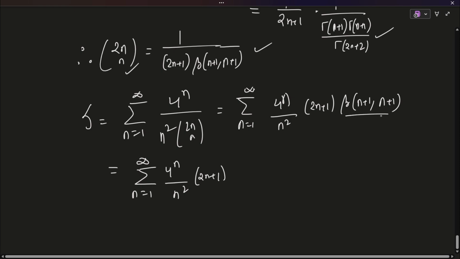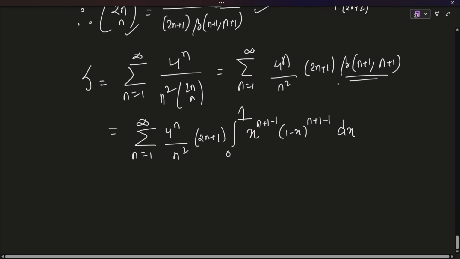And now beta of n plus 1 comma n plus 1, according to the integral representation of the beta function, we can write as the integral from 0 to 1 of x to the power n plus 1 minus 1, which is a here, into 1 minus x whole to the power n plus 1 minus 1 dx.